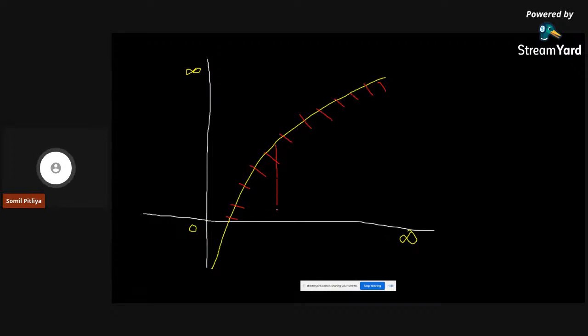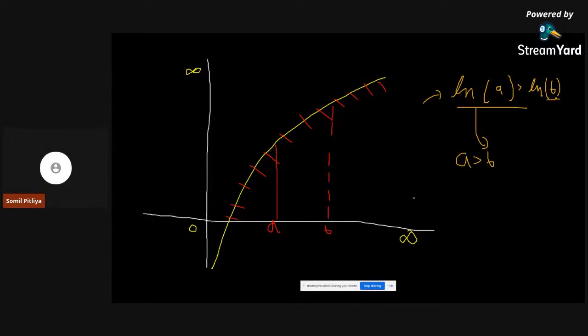So if I take any two points, let's say one point A, another point B, and I have that ln of A is greater than ln of B, then I can clearly deduce that A is greater than B.